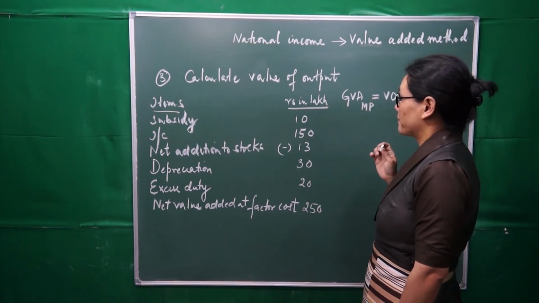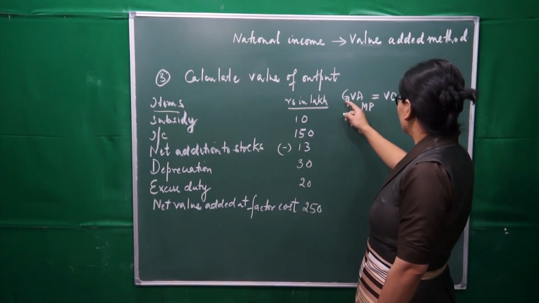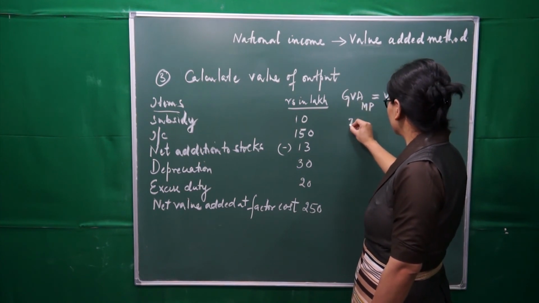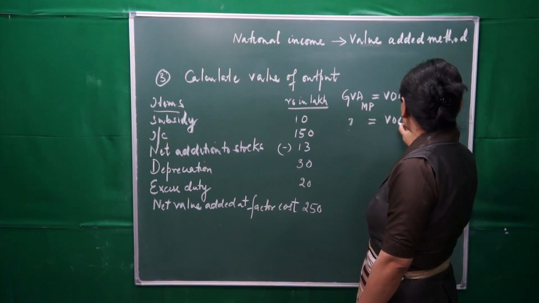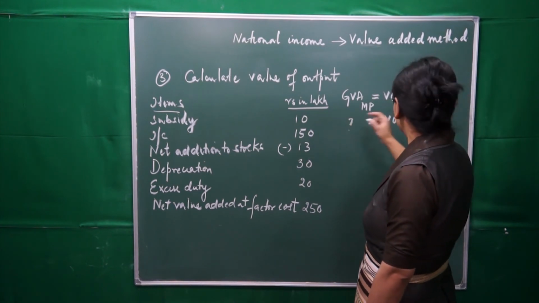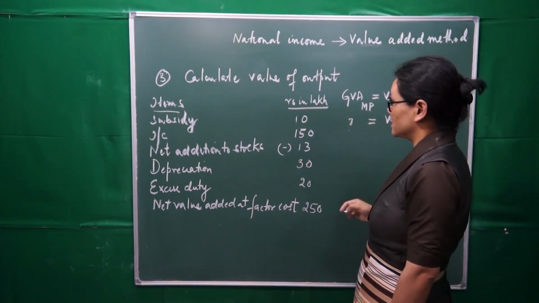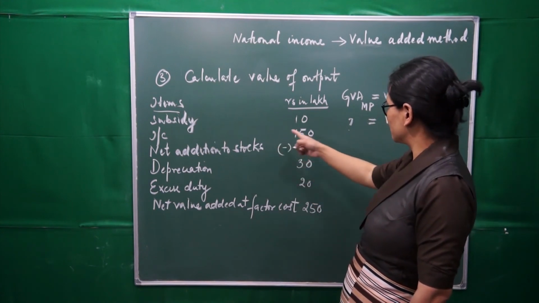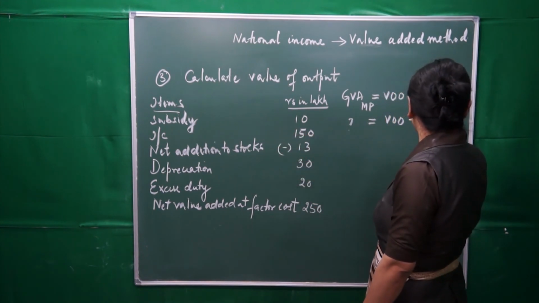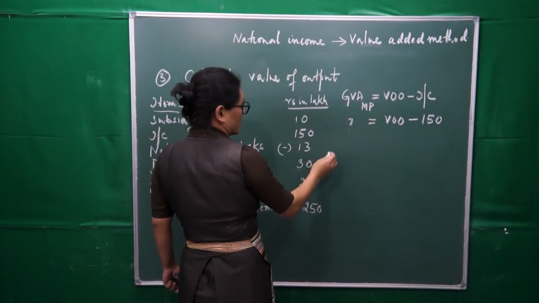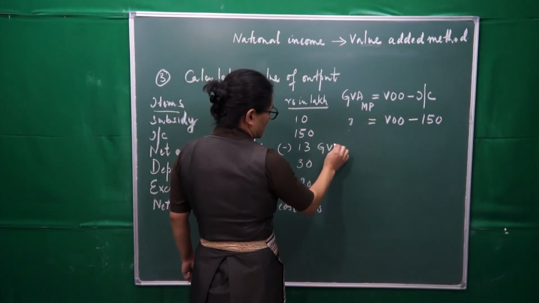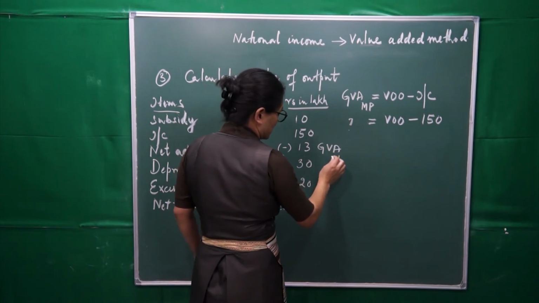Intermediate consumption is given, which is 150. So first we will go into GVA at MP.